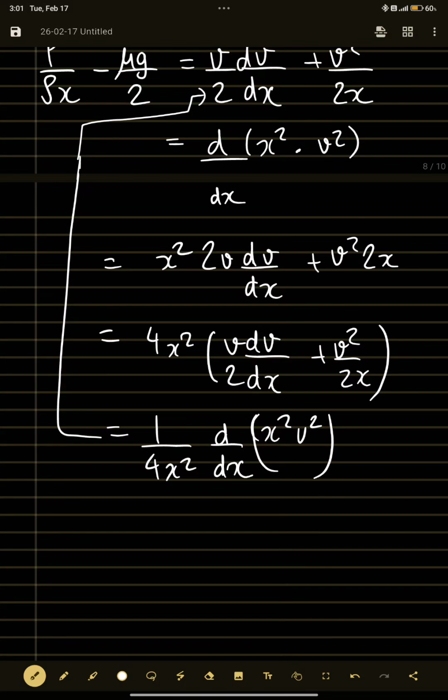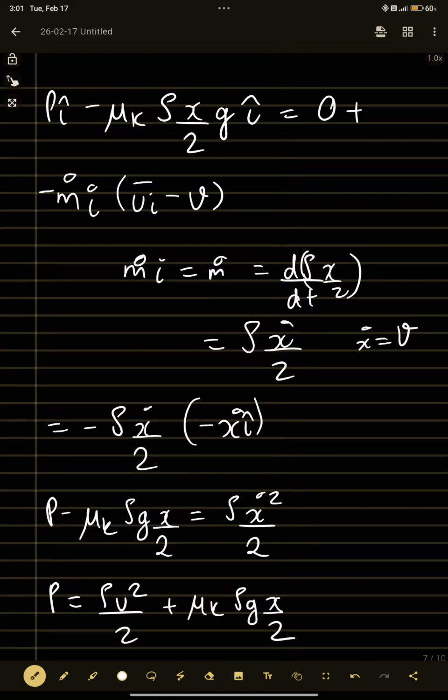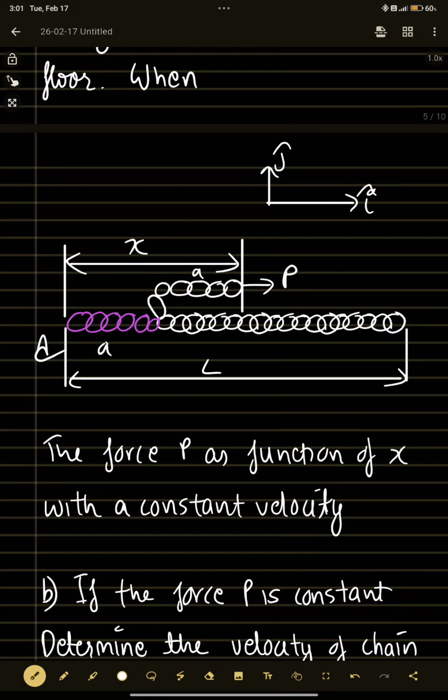Because the velocity of this particular upright link is not having the same orientation. This part is horizontal, and there is a transition link which is vertical. So it is not having the same orientation. So that's why we don't take the velocity of that link.